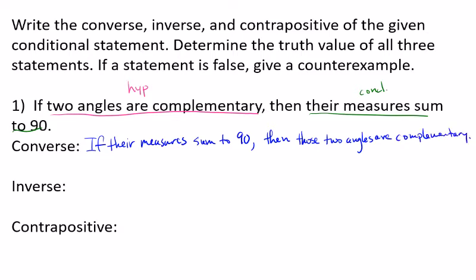Okay, and obviously you could wordsmith that a little bit. You could say if two angles sum to 90, or if two angles have a sum of 90, then they are complementary, or something like that, right? That might be a little better.